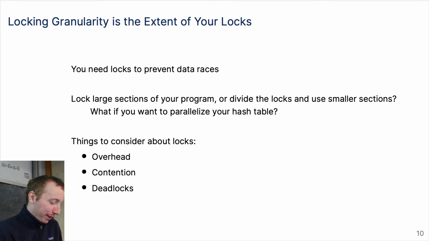For example, what if you want to parallelize your hash table in lab 1? Who can do that now? Because you should be able to. Did anyone use linear probing for collisions? Good, because if you use that, you're probably screwed. If every slot of your hash table was just a list, you could have a mutex for each individual slot.